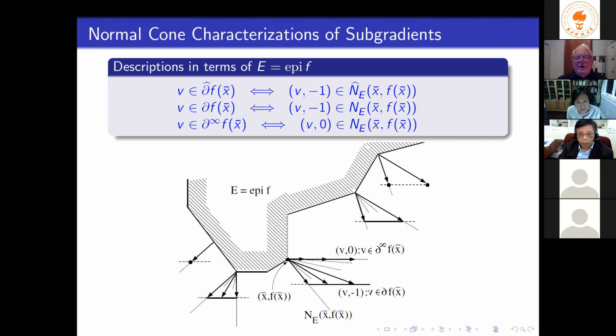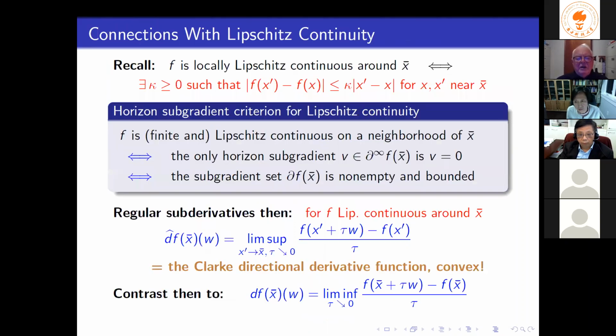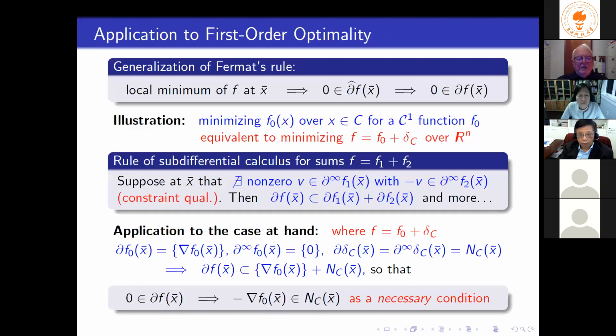So it exactly corresponds to that kind of constraint qualification that we saw down here in this theorem. There should be no non-zero vector. Now if these were convex functions, then I'd be talking here about the normal cone to C1 at X. There should be no vector in the normal cone to C1 at X. Remember, X is in the intersection of the two sets.